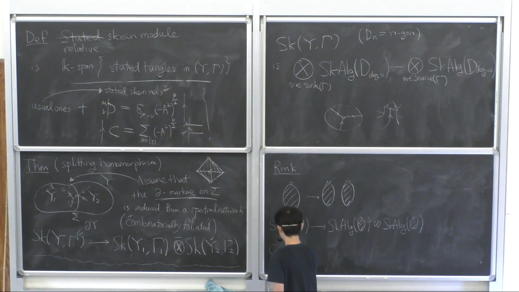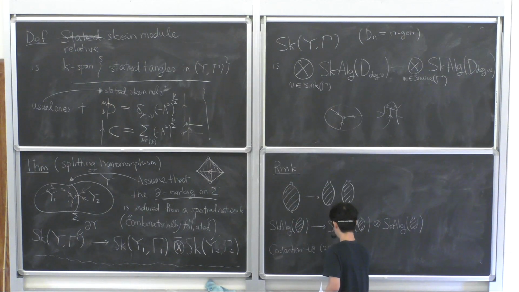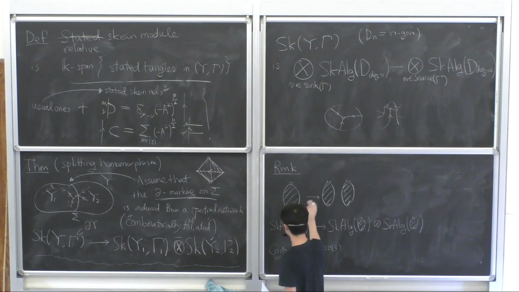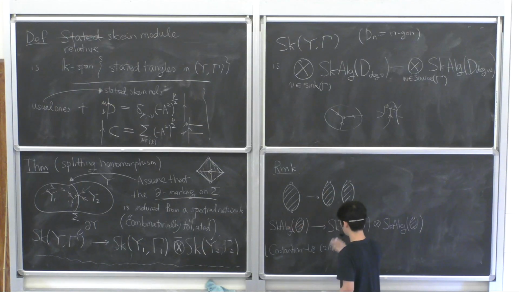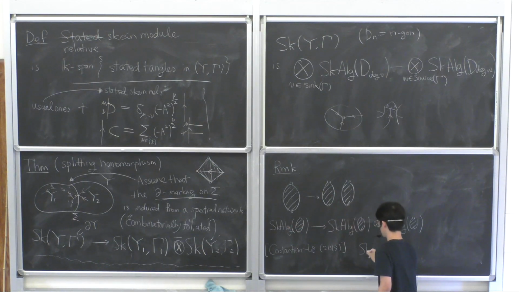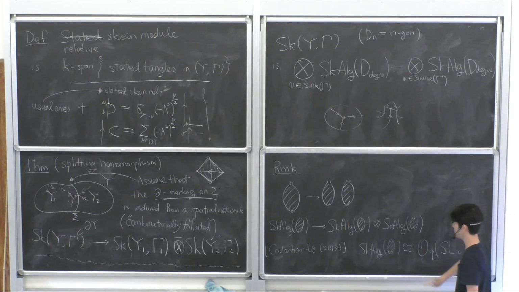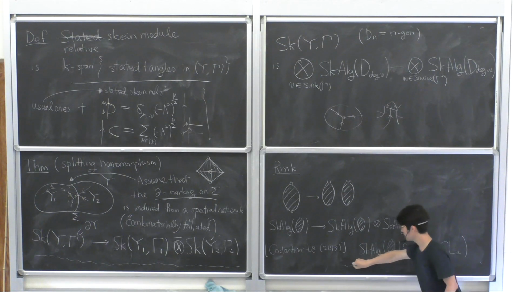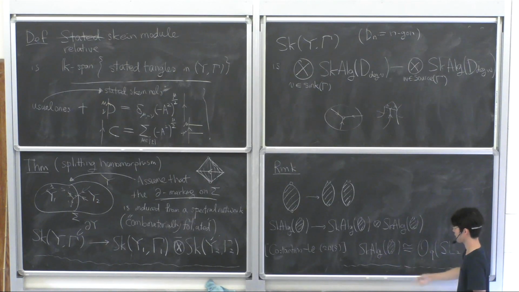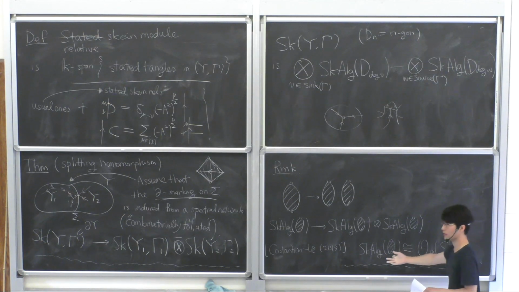And in this work of Costantino and Lê, 2019, where they studied stated Skein algebras of surfaces, one of the theorems that they prove is that the stated Skein algebra of a bigon is, as a Hopf algebra, isomorphic to the quantized coordinate ring of SL2, which is Hopf dual to U_q(sl2). So this is just one nice topological way of thinking about quantum groups.